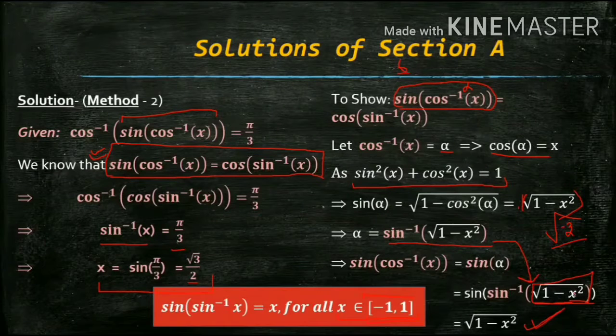So that means x must be at most 1, because if it is 1 it is 0 inside, and if it is -1 also, then it is also 0, right? So x belongs to this one, it can't go outside. So that's why we have x belongs to this only, which means this whole expression also belongs to this. How?